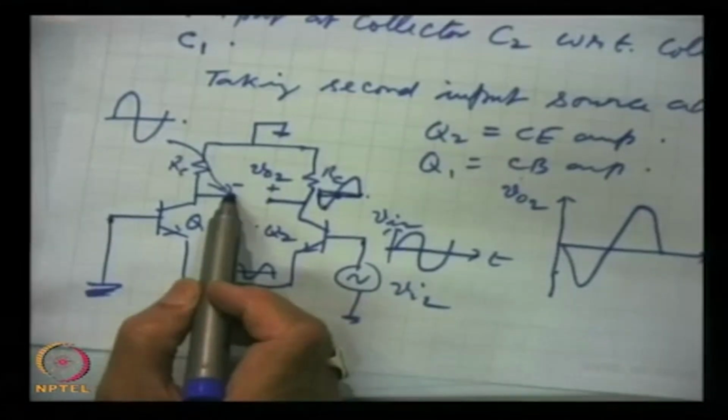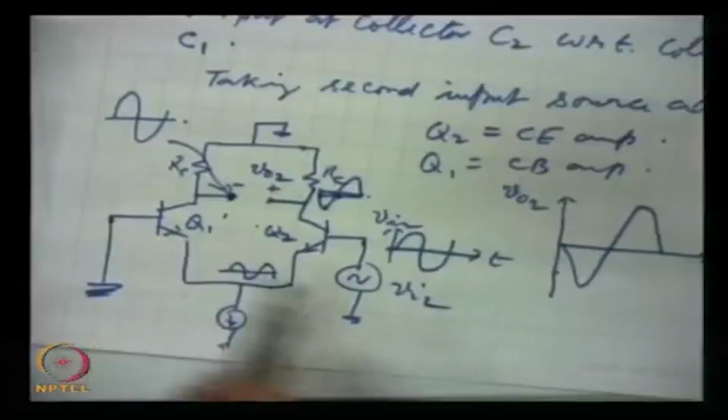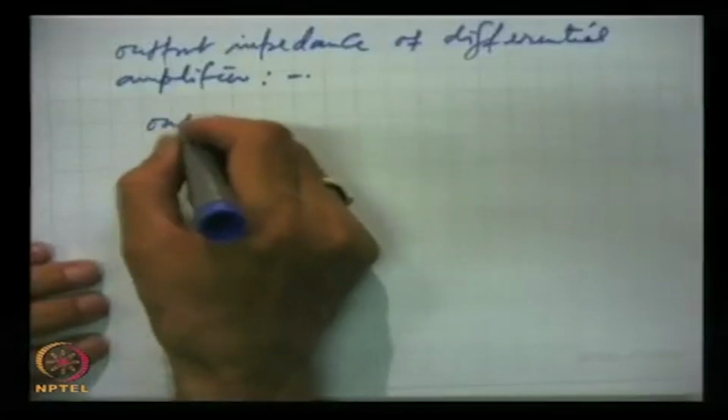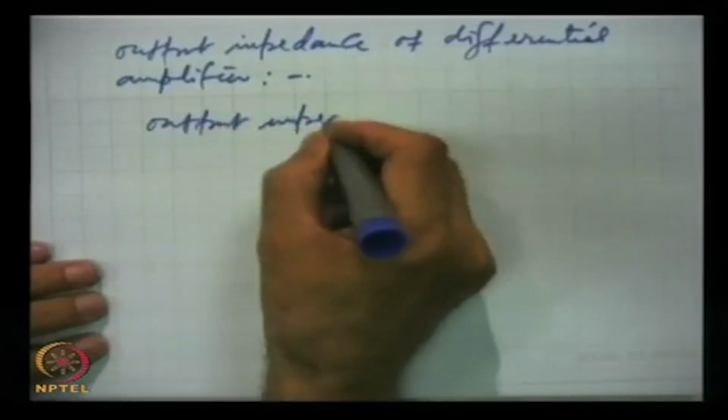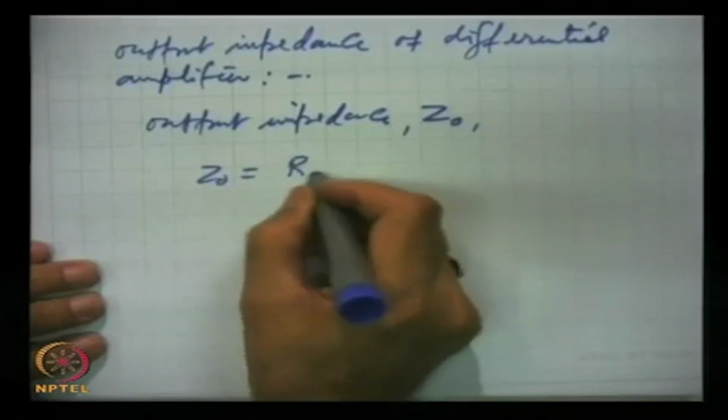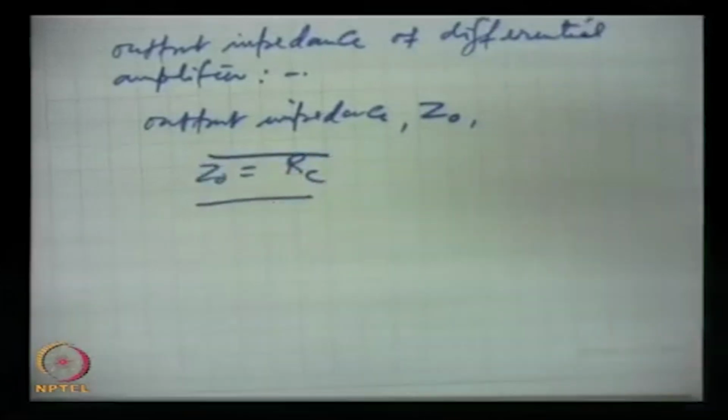I repeat, between the collector and the ground, the output impedance will be equal to RC, whether we measure for Q1 or Q2. Therefore, the output impedance ZO is equal to RC. Whatever RC is, if it is 500 ohms or 1 kilo ohm, that will be the output impedance.